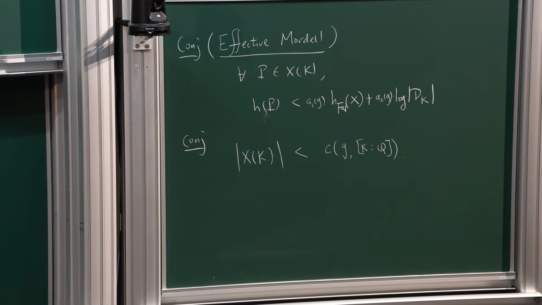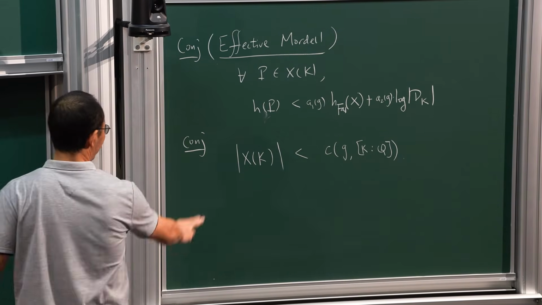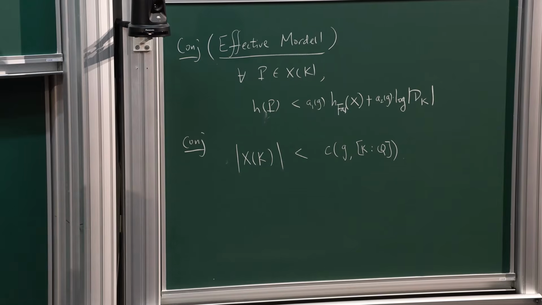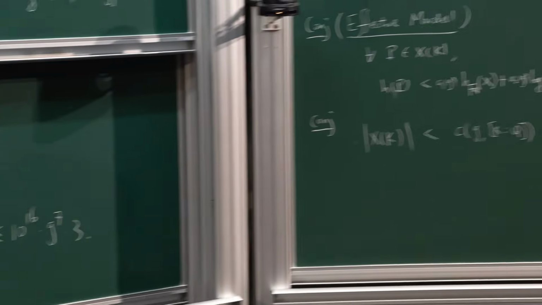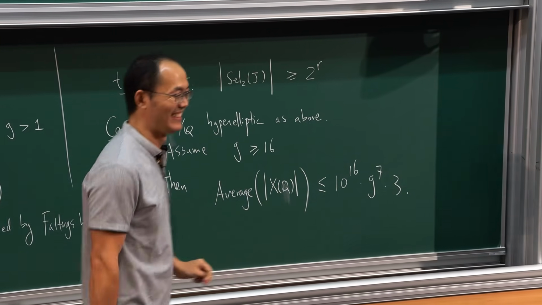Okay, this bound is a consequence of the Bombieri-Lang conjecture by the work of Caporaso, Harris, and Mazur. So if you believe Bombieri-Lang, then you believe this. Okay, so this is sort of a weak evidence of that. At least the average is bounded.